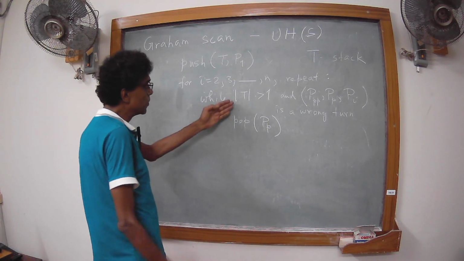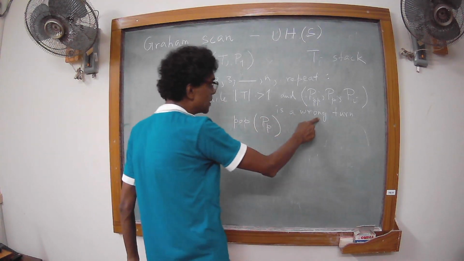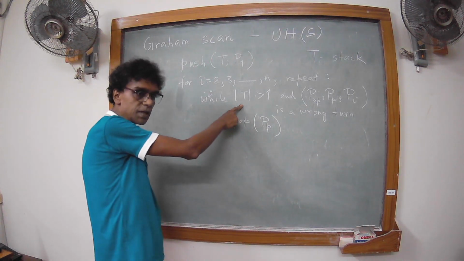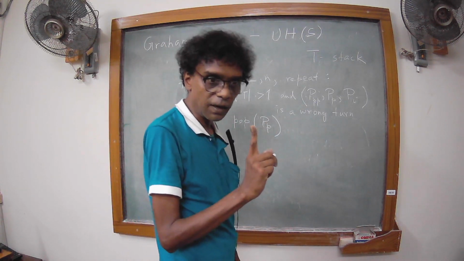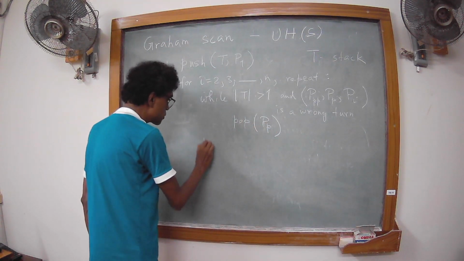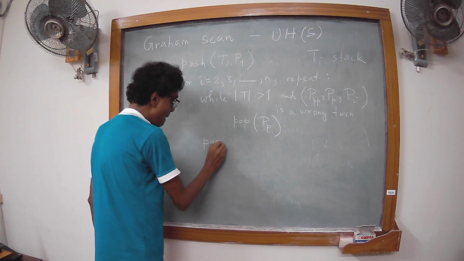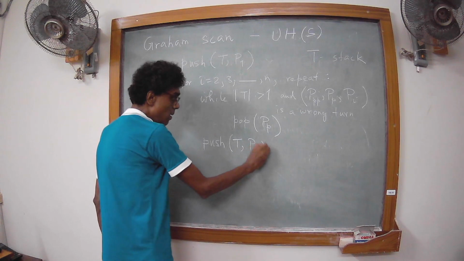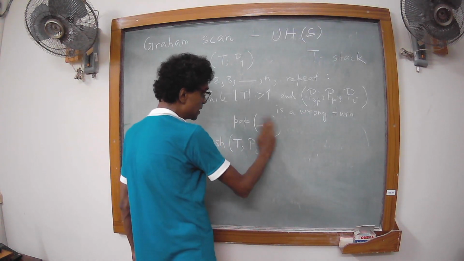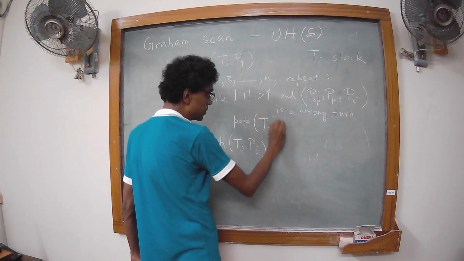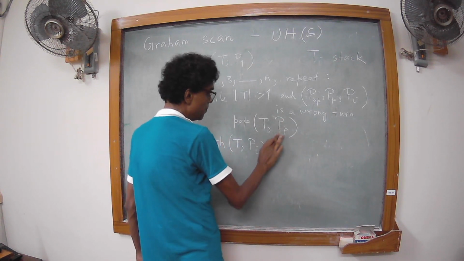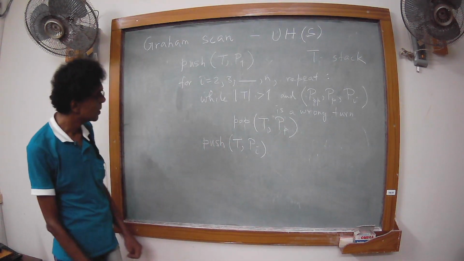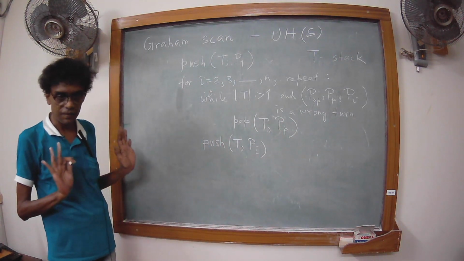So this loop is broken when either this is a right turn or the size of the T stack becomes 1. Okay. Then you push Pi, okay, maybe I should also mention T here. Pop T from the stack T. So this is as simple as this.